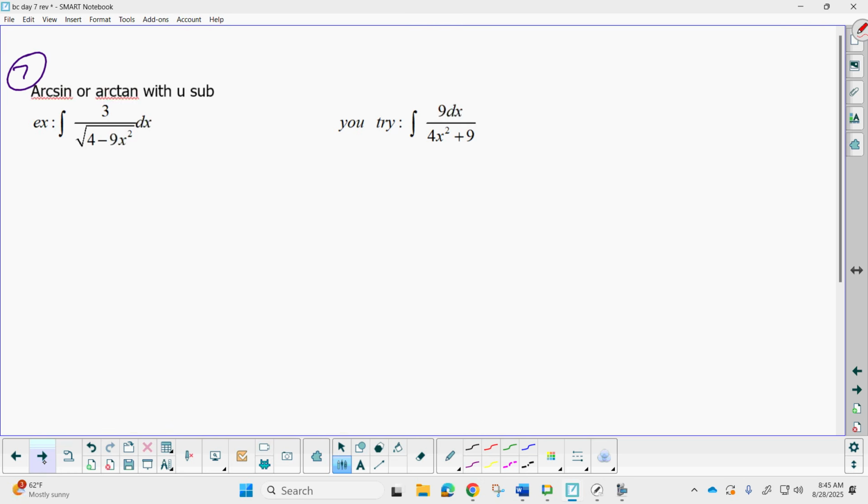Now, so you don't have to keep writing this or flipping over and back, this is the typical template for arcsine. If you see a root and a difference of squares, then think arcsine. If you see no root and a sum of squares, I'm going to call that u squared, think arctangent.